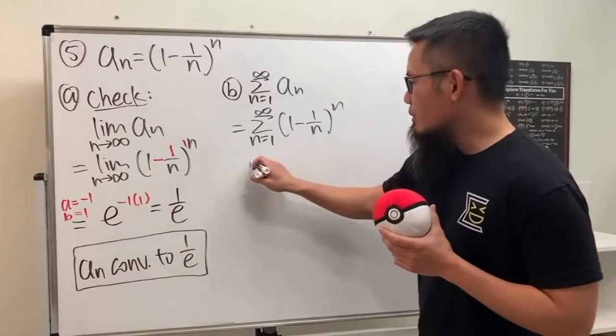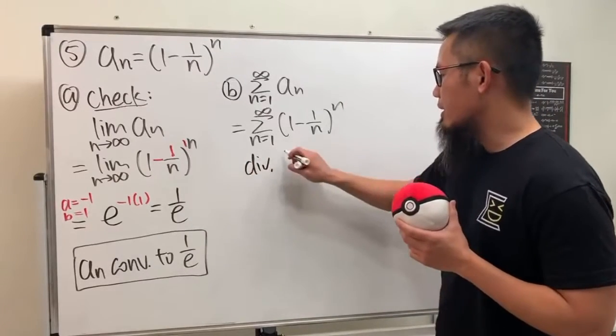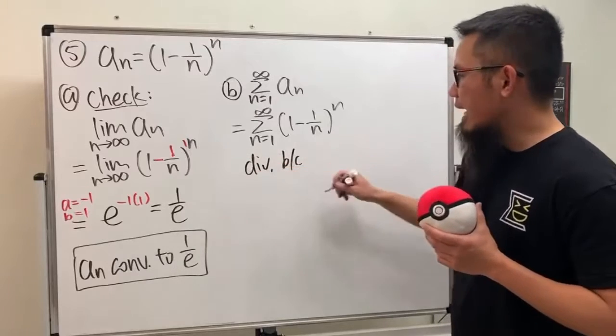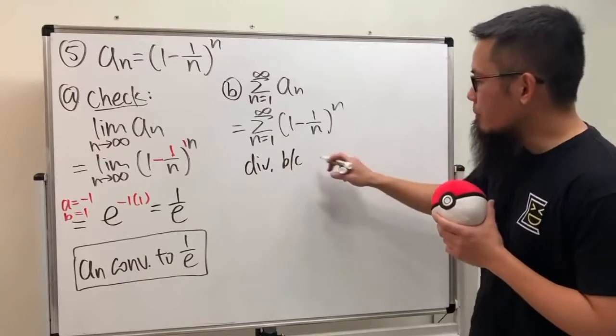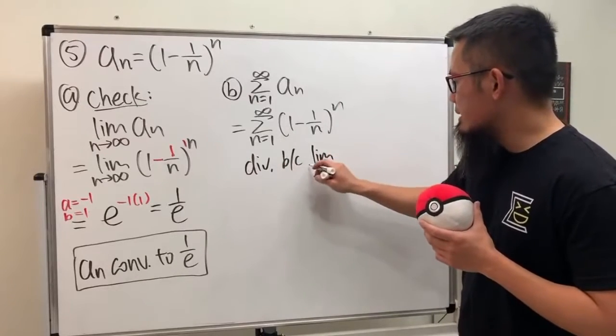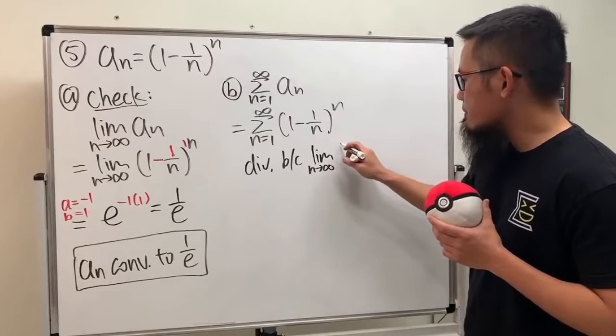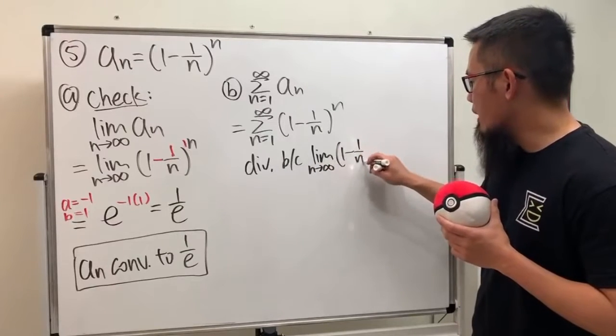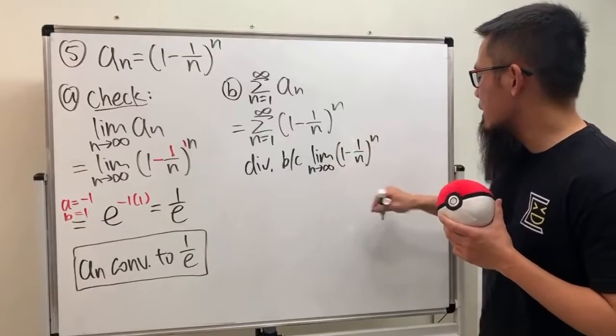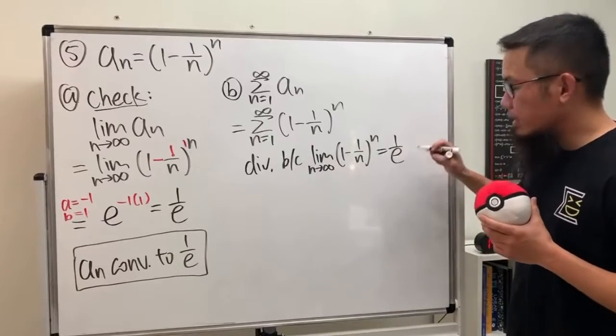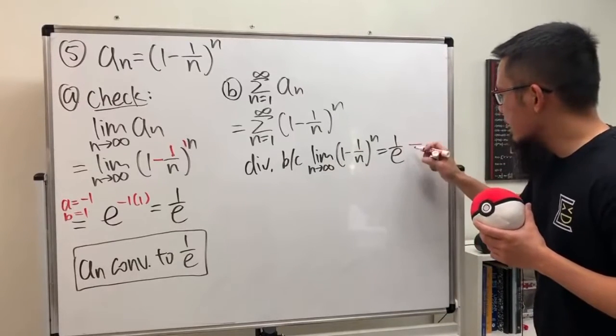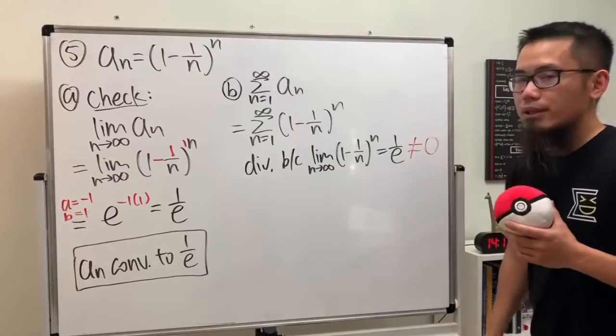Because you know this right here diverges, because, again, apply that if you are doing this on its own, because the limit as n goes to infinity of 1 minus 1 over n raised to the nth power, this right here is equal to 1 over e, which is not equal to 0.